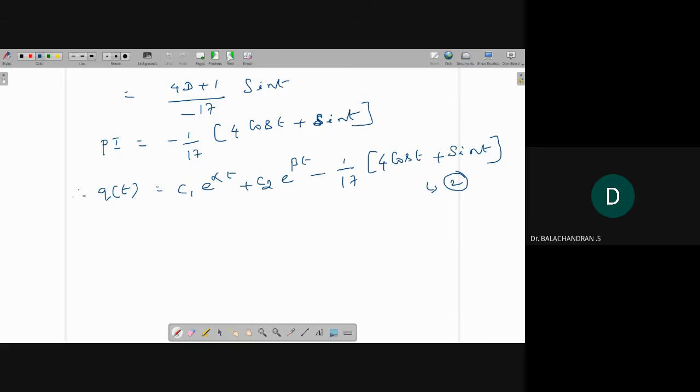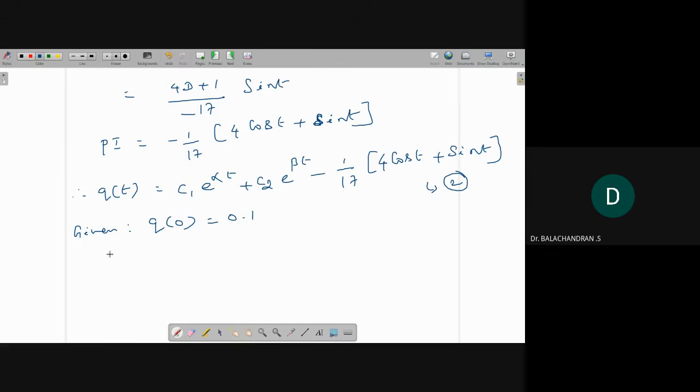And then, what is the initial condition? Q of 0 equal to 0.1. So when t equal to 0, q equal to 0.1.